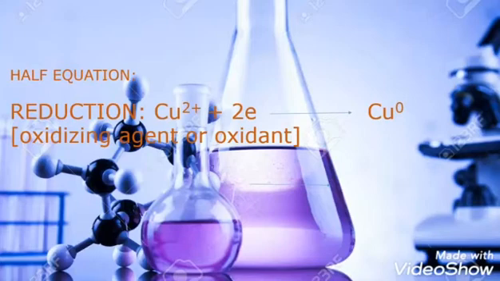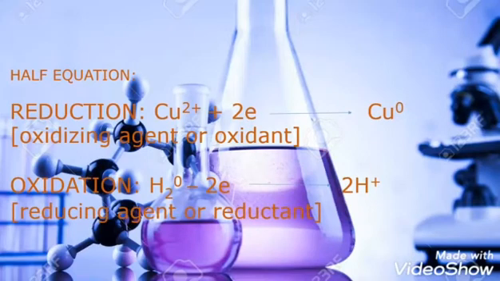So therefore, it would be copper +2 plus 2 times 1 atom of copper is equal to 2 electrons, giving you copper neutral. And copper, since it undergoes reduction reaction, is my oxidizing agent or my oxidant.